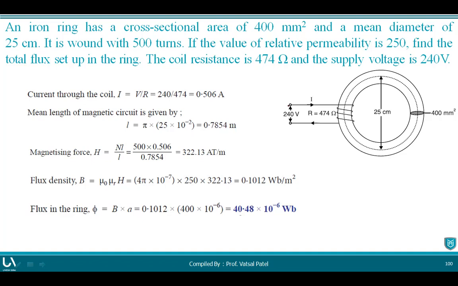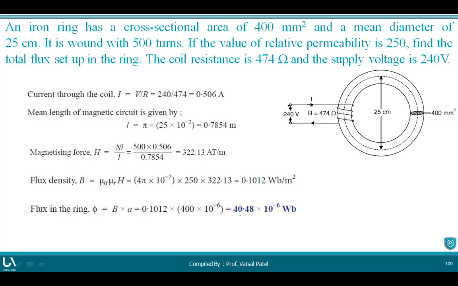After calculating, we find 0.1012 Weber per meter square. That is the flux density. And the cross-sectional area is 400 mm square.